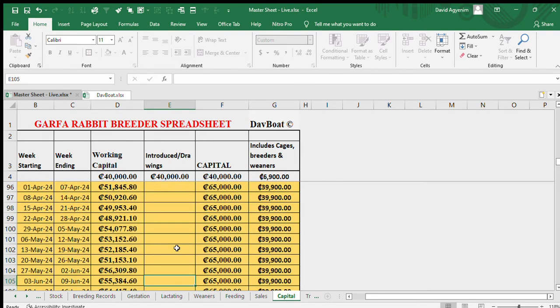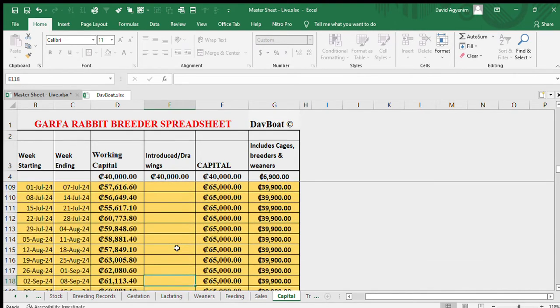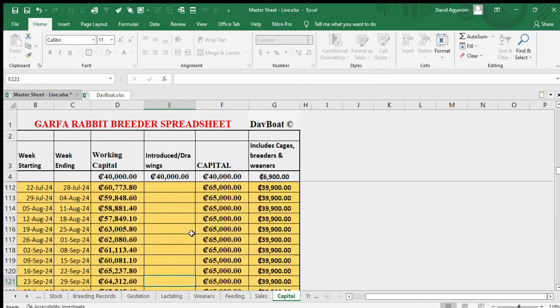Now when this working capital equals this place, you can also know when you break even. It will correspond with the sales sheet when you break even. When this working capital equals the capital, it means you have broken even.